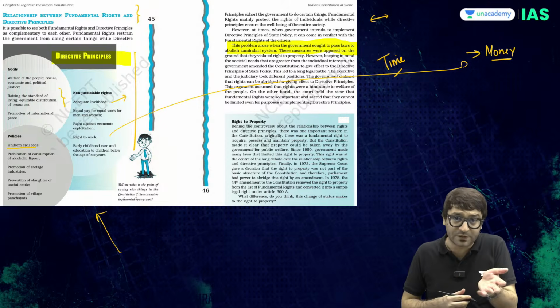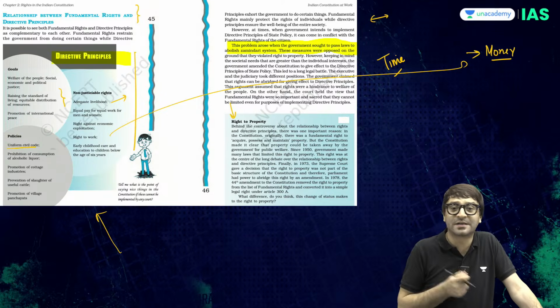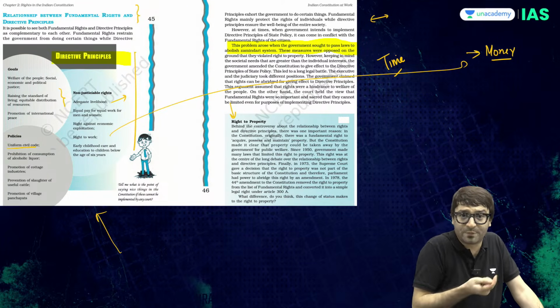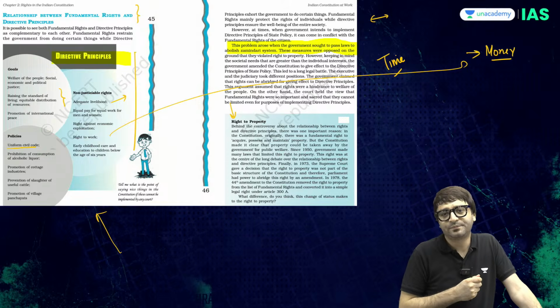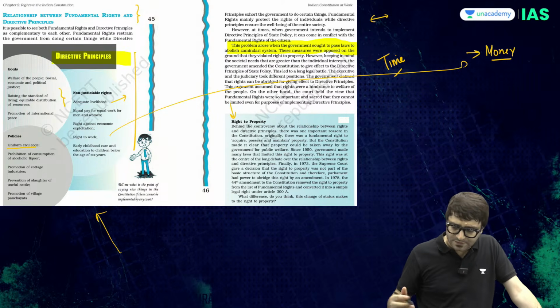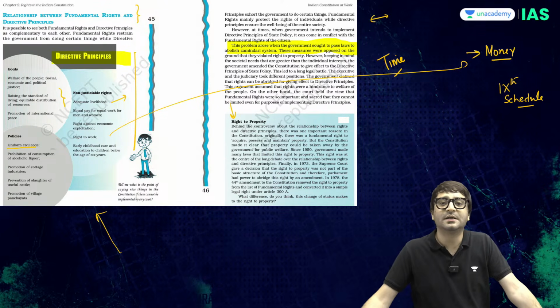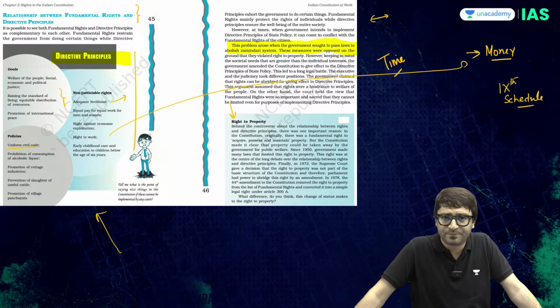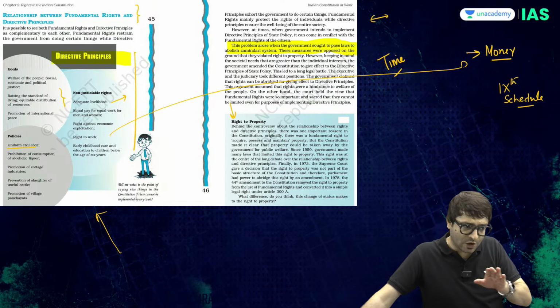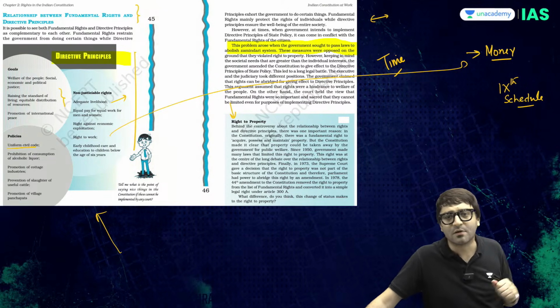But it came in conflict with the fundamental right to property, because right to property at that time was a fundamental right. And I told you fundamental rights cannot be snatched, cannot be violated. But over a period of time, something happened, although not mentioned in NCERT, but the 9th schedule was inserted into the constitution, which said any law placed in the 9th schedule, the judiciary cannot question the validity of that law.